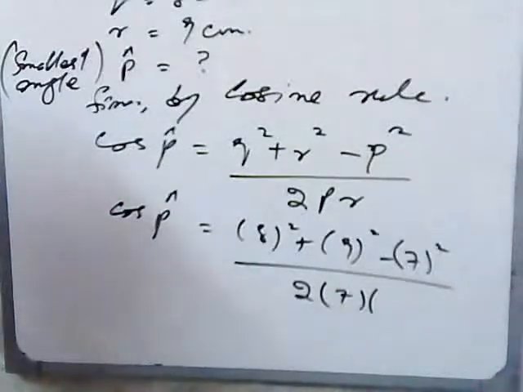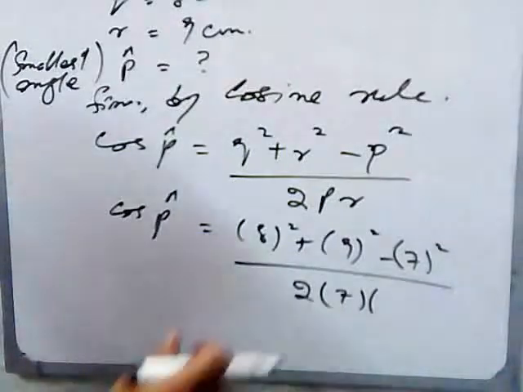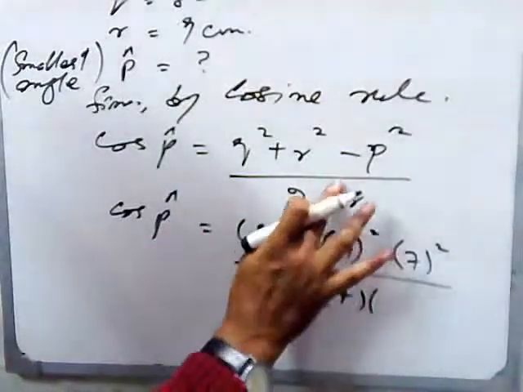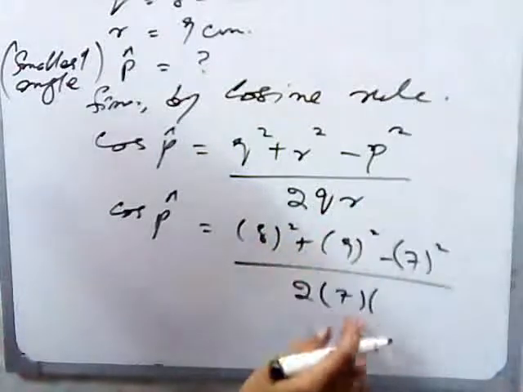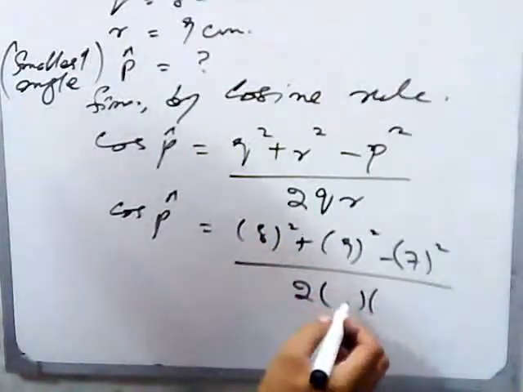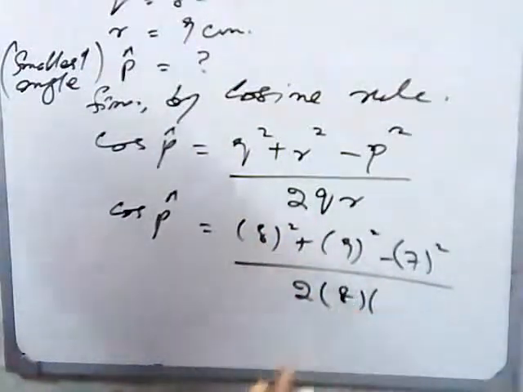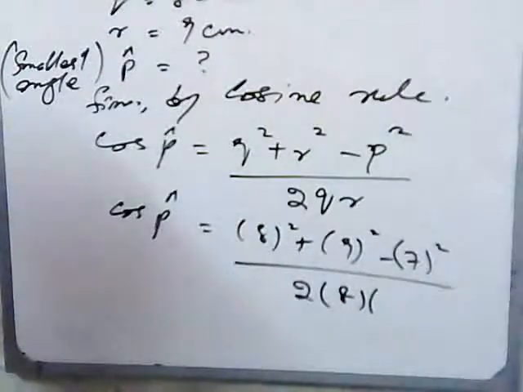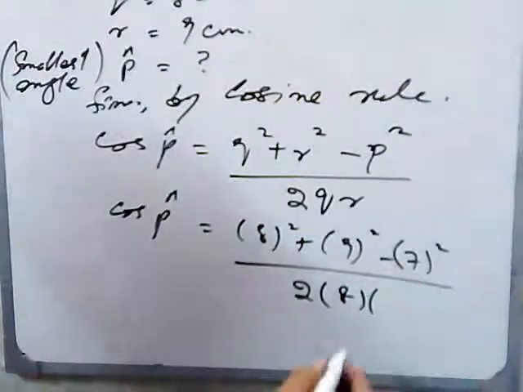It should be noted that here the formula is 2qr, because we need angle p. So putting the values carefully, the value of q is 8 and the value of r is 9.